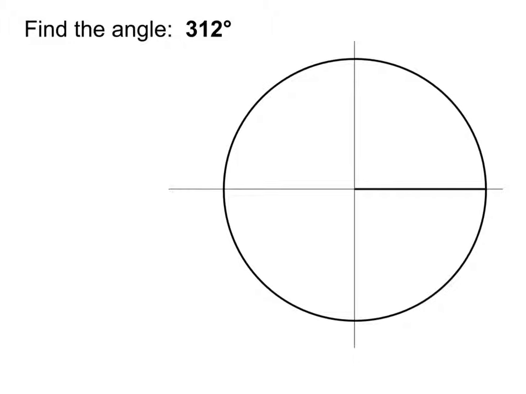Then it's a question of how does it compare to the 270 and the 360 degrees that it's between? Well, in this case, it's pretty close to half. Exactly halfway between 270 and 360 is 315. So you notice it's just barely less than half. And so we could estimate that it's going to be right down there, or maybe a little bit closer to 270. We're kind of roughing it out as we draw these out.